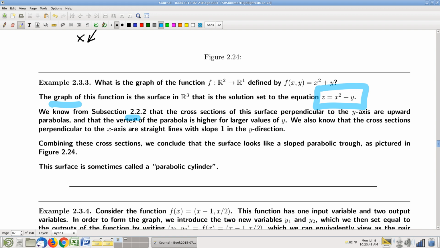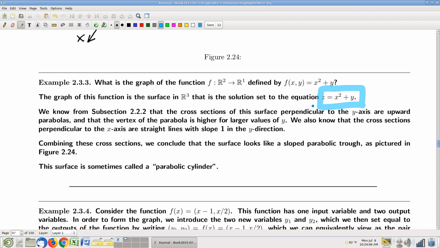And what are we going to do about this? Is this rotationally symmetric around anything? Sadly, no. Again, most of the time it won't be, but surprisingly often it is. But anyway, in this case, it's just not rotationally symmetric around anything.